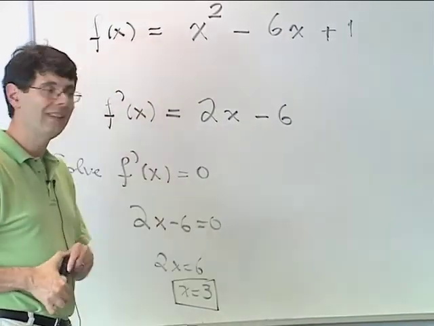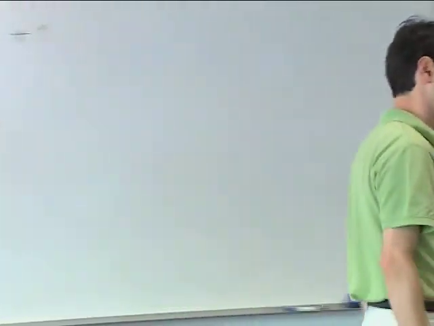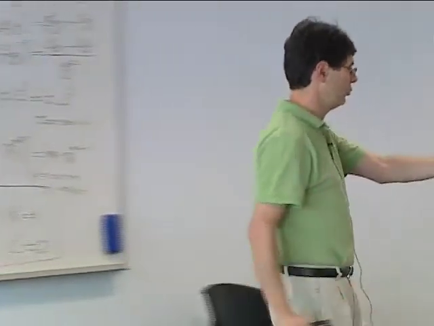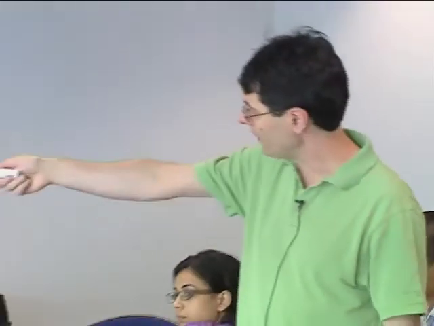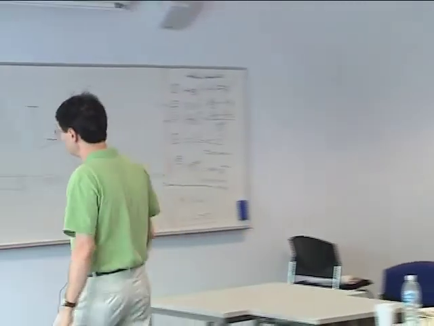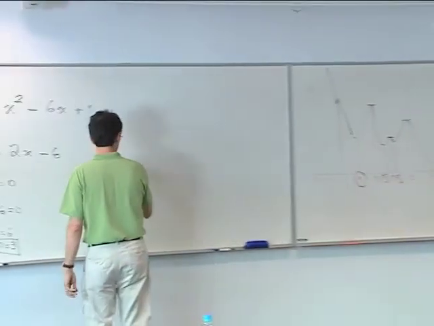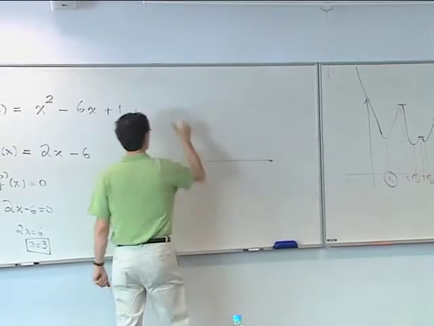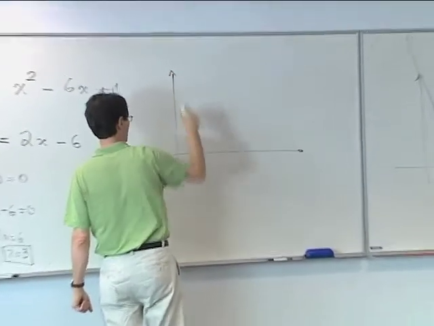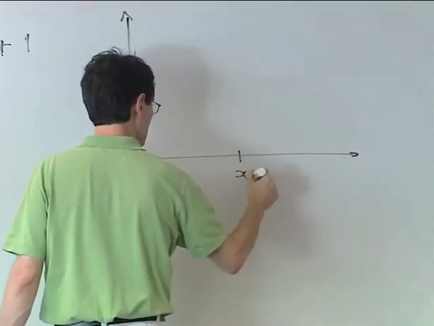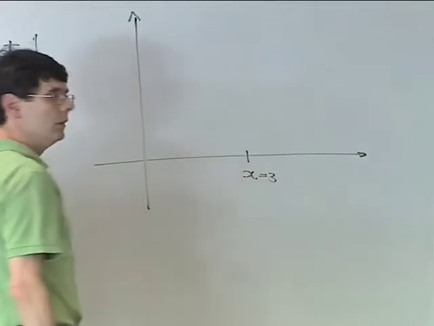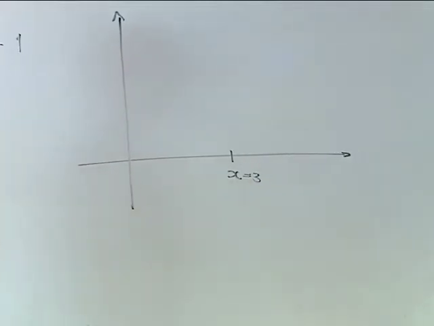So even though I did not draw a picture, and I didn't even attempt to draw a picture, I can tell you right now that there's only one value of x that can be either a max or a min, and the value of x is 3. So if I were to draw a picture, okay, I put the x equals 3 there. By the way, I can plug in 3 here.